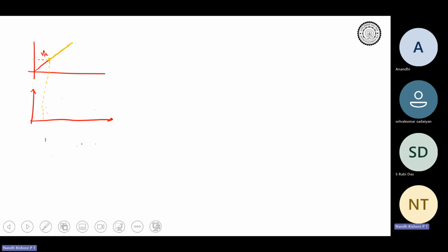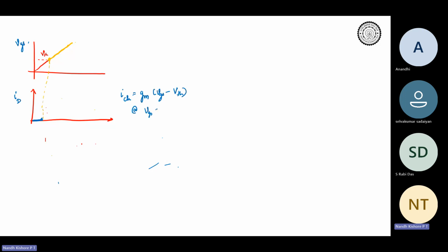So we are in the saturation region. Which means that till this point, the current was zero because VGS is less than V threshold. So this is ID and this is VGS. Okay. So till this point, ID was zero, and beyond that, what would happen? It would behave like a voltage controlled current source, VGS minus VTH, right?